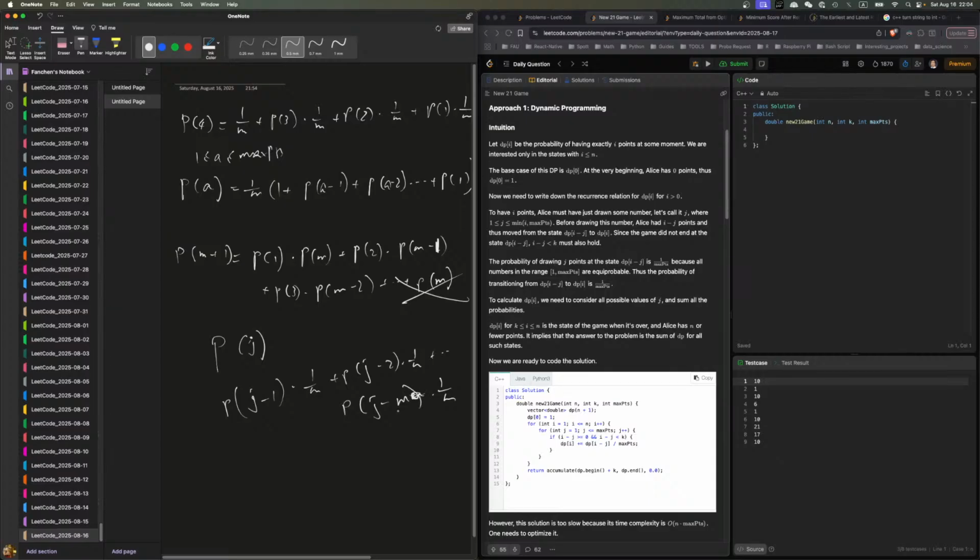And then of course you don't really get to maximum, you get to whenever it becomes 0, right, whenever it becomes 0.